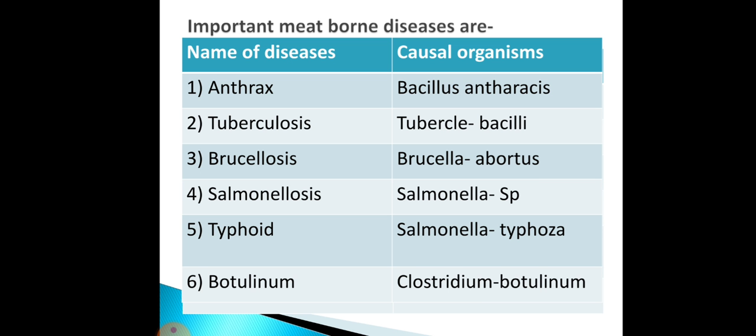Brucellosis, Brucella abortus. Salmonellosis, Salmonella species. Typhoid, Salmonella typhosa. And botulism is caused by Clostridium botulinum. These are the meat-borne diseases, meaning zoonotic diseases, and in the second column their causative organisms are shown here.